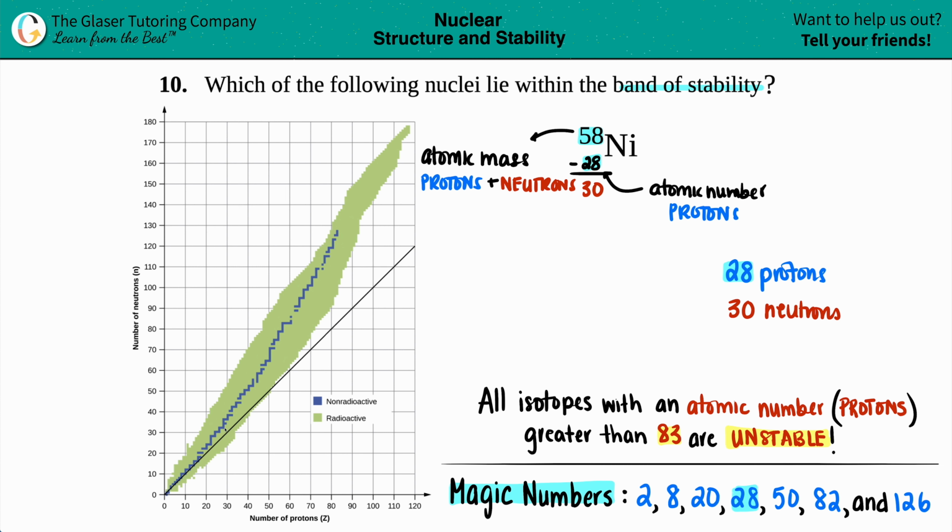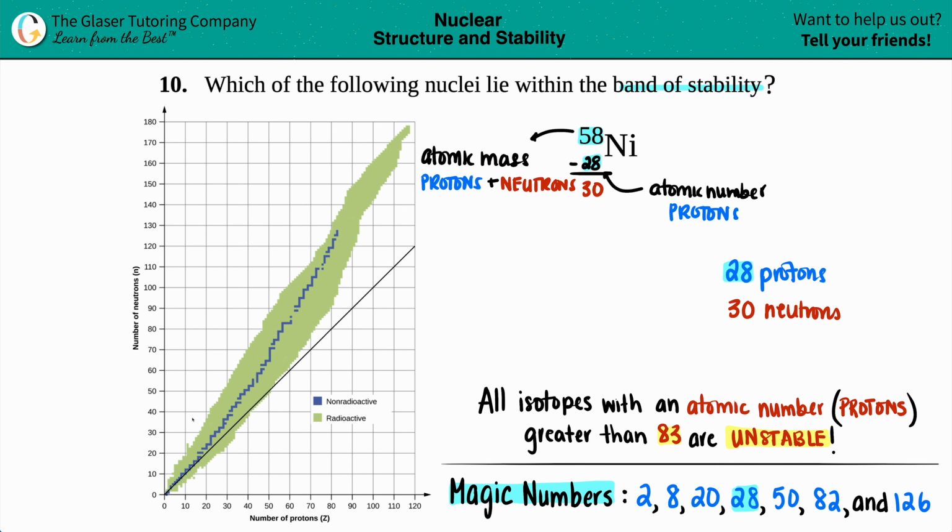So 28 protons would be like right here, right? I believe so. Where is my number? Where's 30? This guy? I think this is 30. So this has to be 28.